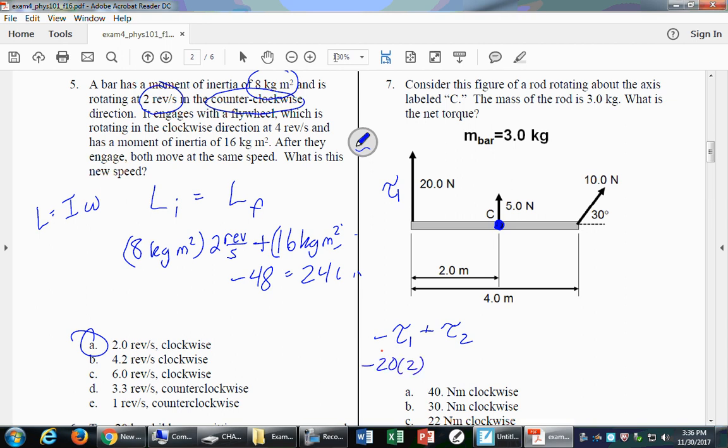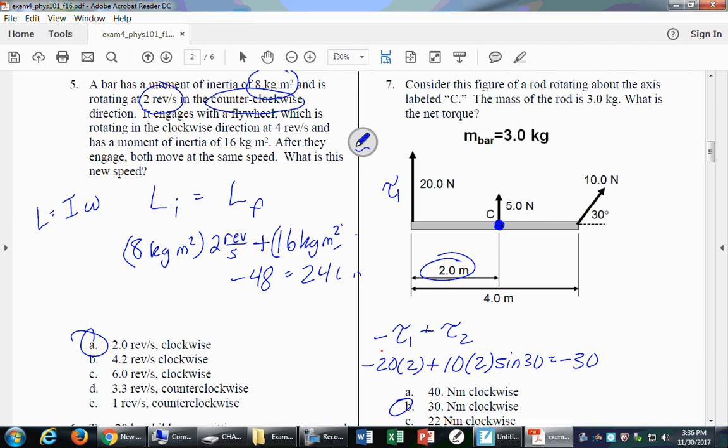That's the force times the length of the moment arm, 2 meters right here, plus 10, that's the force, times 2, that's the moment arm, times the sine of 30. And then what's the answer? 30? Was it negative 30? Yeah, so that's negative 30. Because it came out negative, it's going to be 30 newton meters clockwise. You're definitely going to have to do that tomorrow, okay? Or Monday.